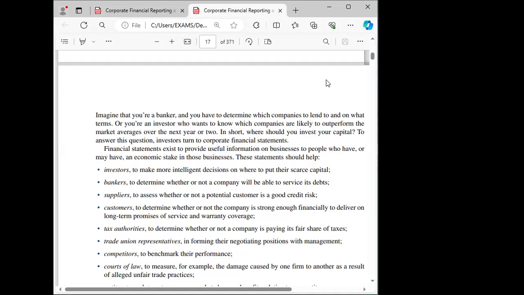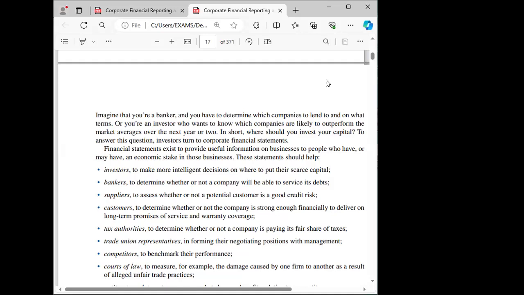They exist to provide useful information on businesses to people who are stakeholders, people who want to know something about these businesses, people who have a stake in these businesses. They help stakeholders understand what these financial statements are saying, the financial health of the organization and the performance of the business.